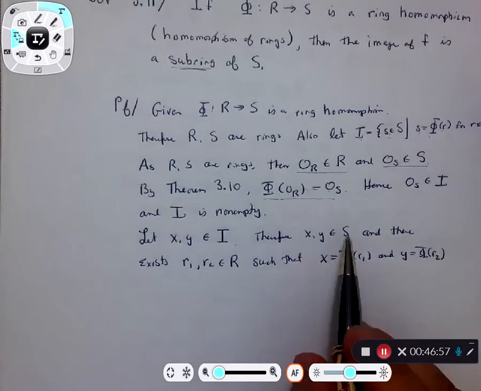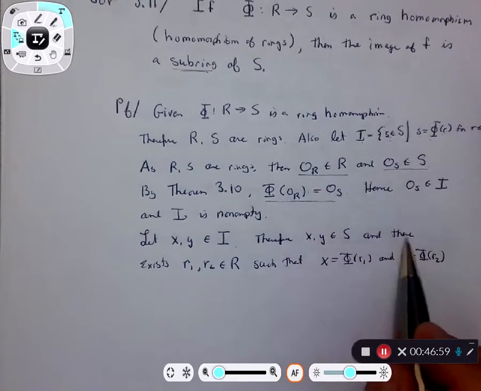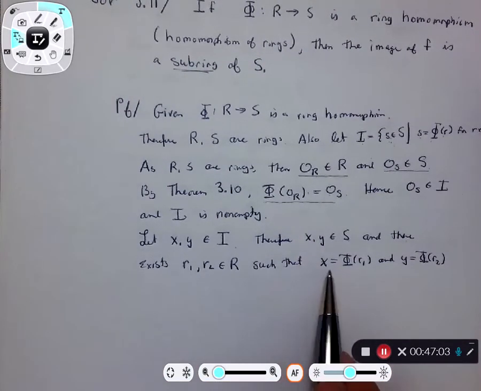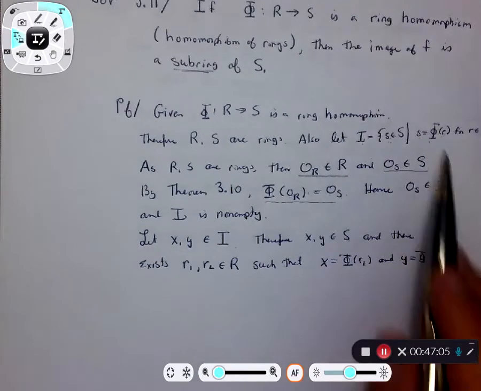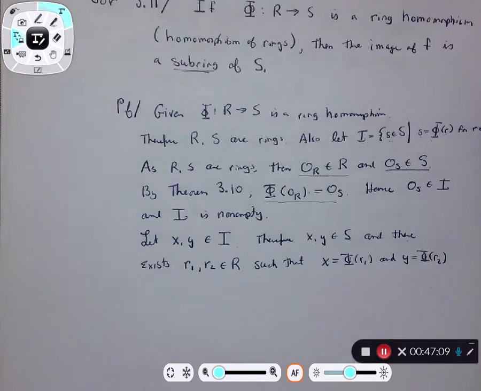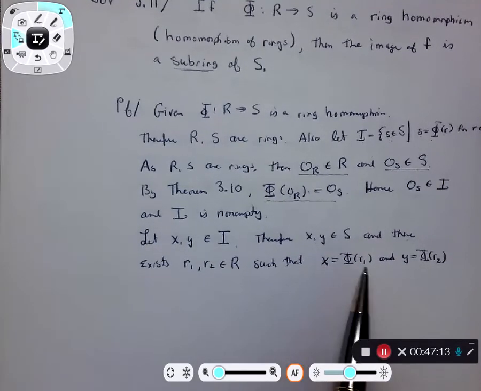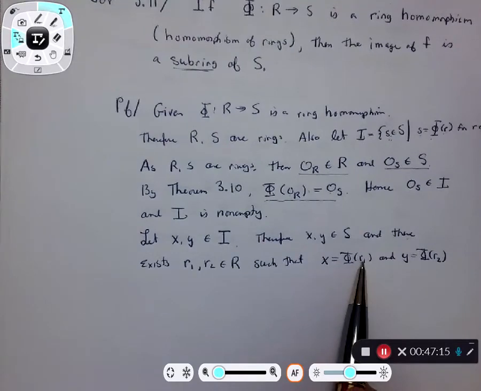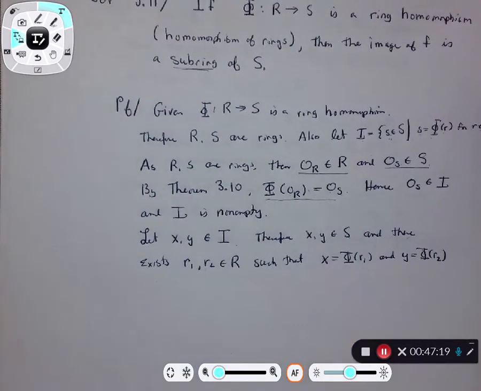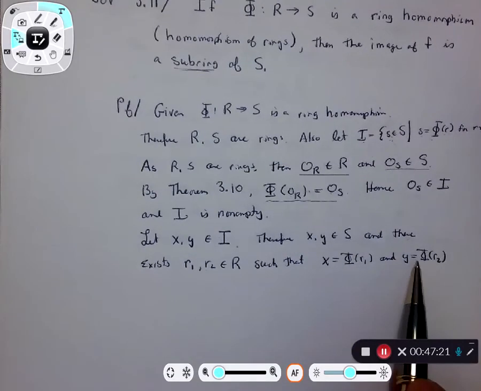Therefore, X and Y must have come from S, and there exist an R1 and an R2 from R such that X is equal to phi of R1 and Y is equal to phi of R2. And be careful, this is where most people get messed up. They'll put the phi on the wrong side. You're mapping the elements in R. Phi of R1 equals X. X is inside the S, or the range world here. And Y is equal to phi of R2.